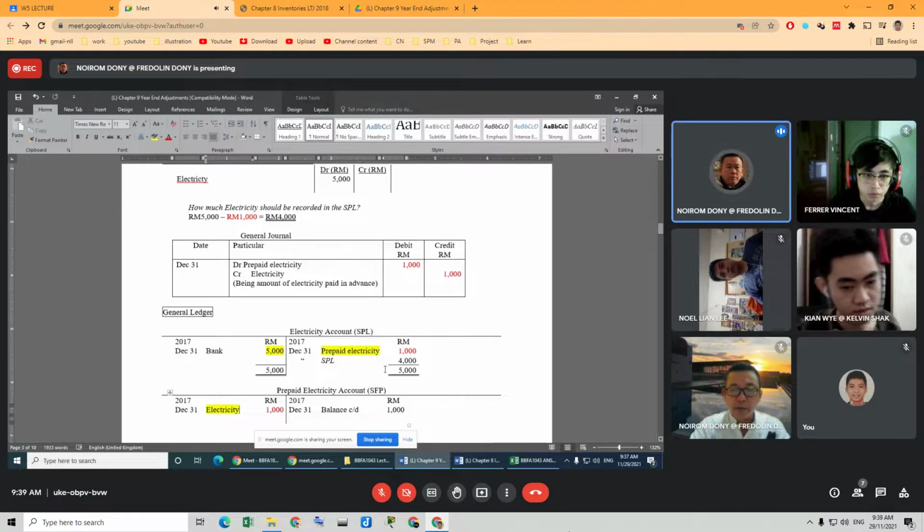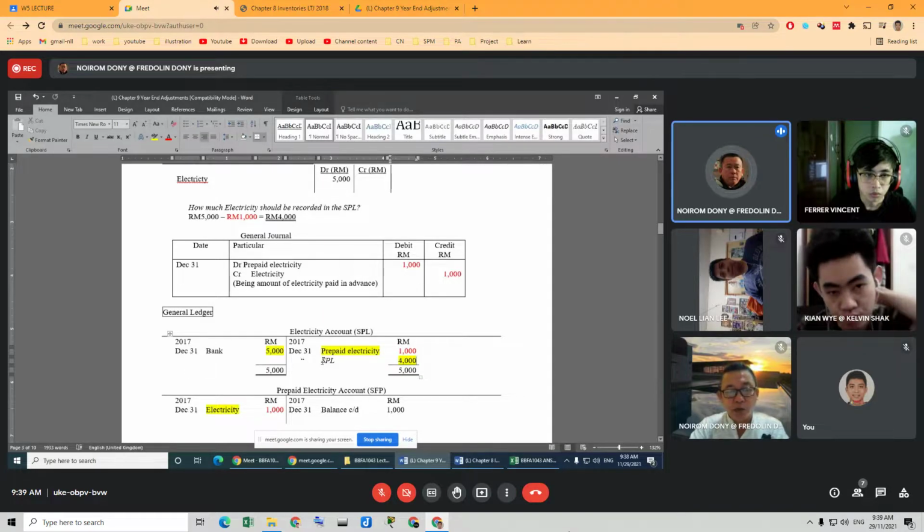Now we don't have this amount yet. We only have 1,000. So in order to make the total credit 5,000, this is the balancing figure, 4,000. This is the amount that we need to close off and put into SPL.